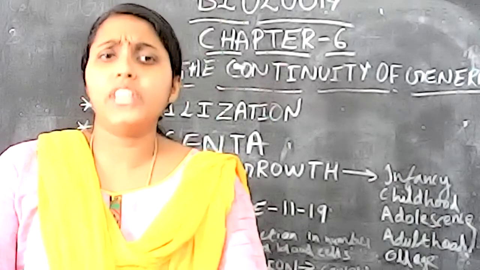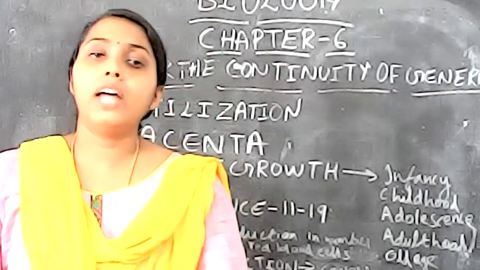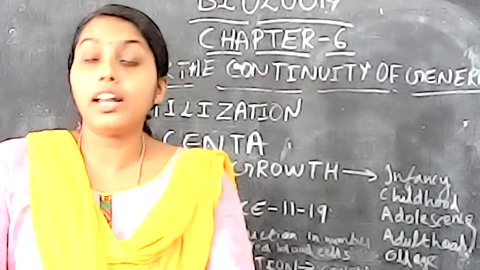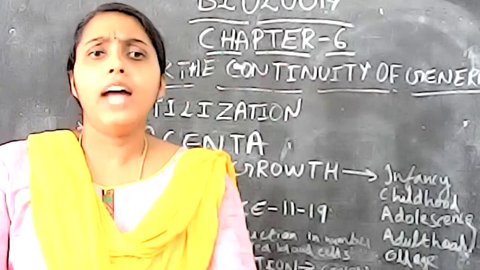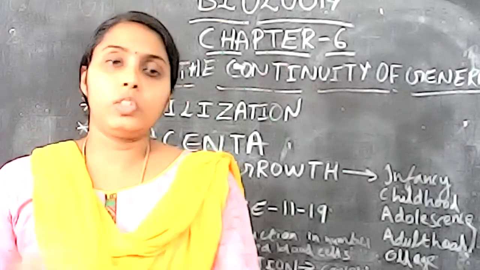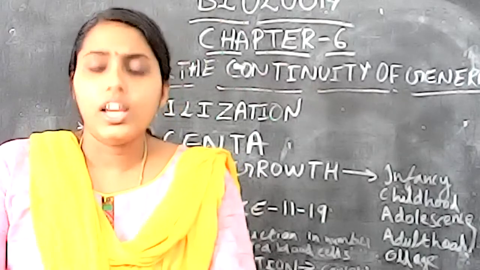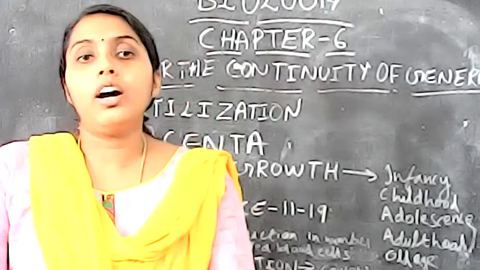And emotional changes will also occur during this stage. You will suddenly become angry, and at the same time you may become happy. There are mood swings happening very fast during this stage. It's a very important stage in your lifetime.